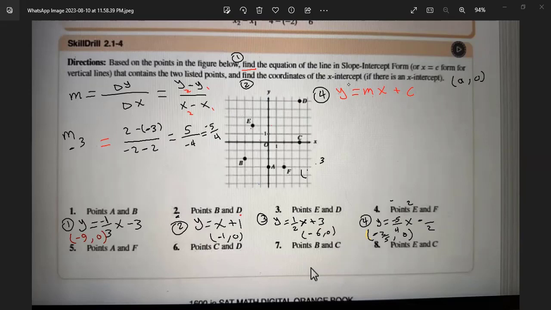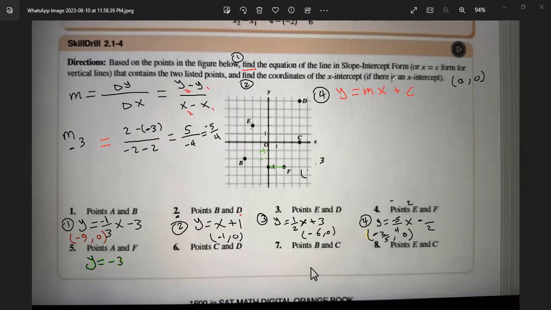If it comes in the exam like this, A and F, you see this is our line here, a horizontal line. A horizontal line means y equals the y-intercept here, -1, -2, y equals -3. This is our answer.